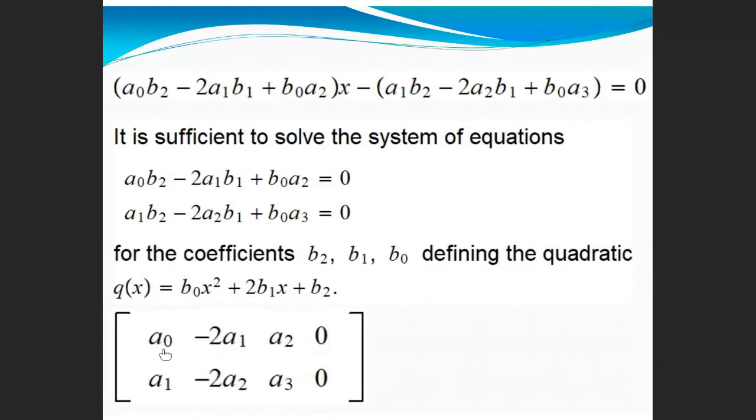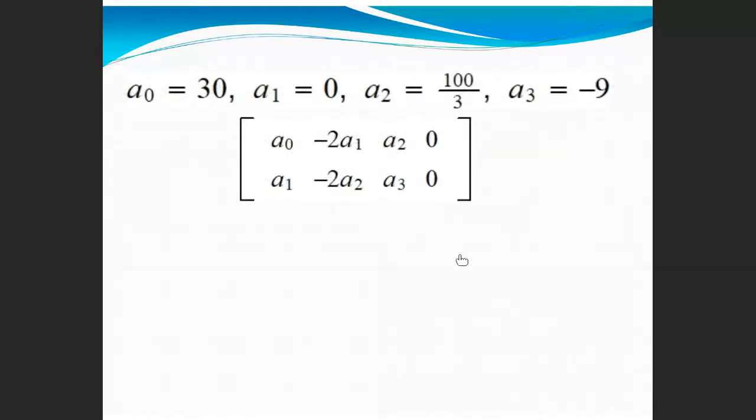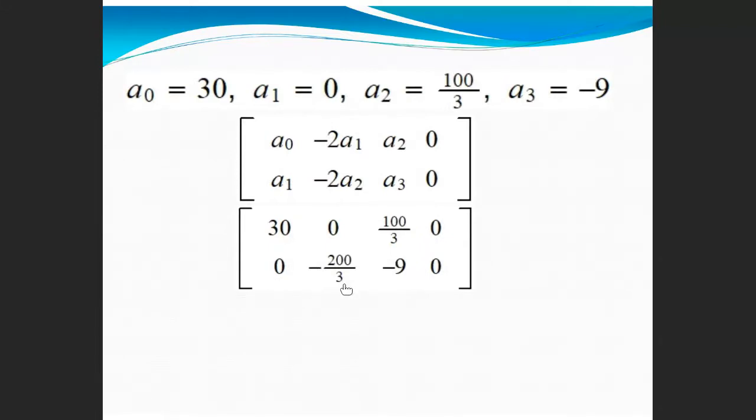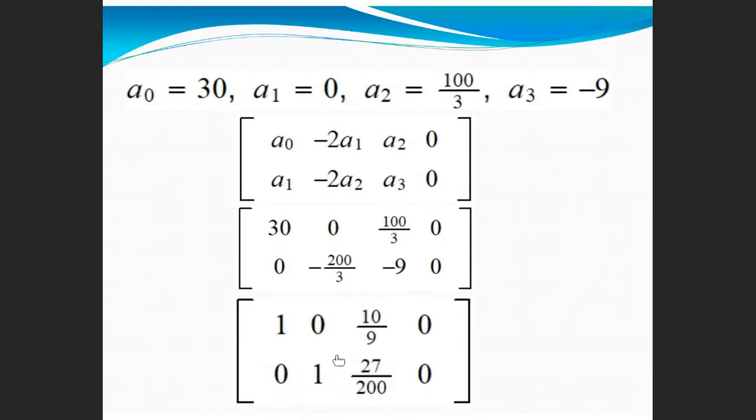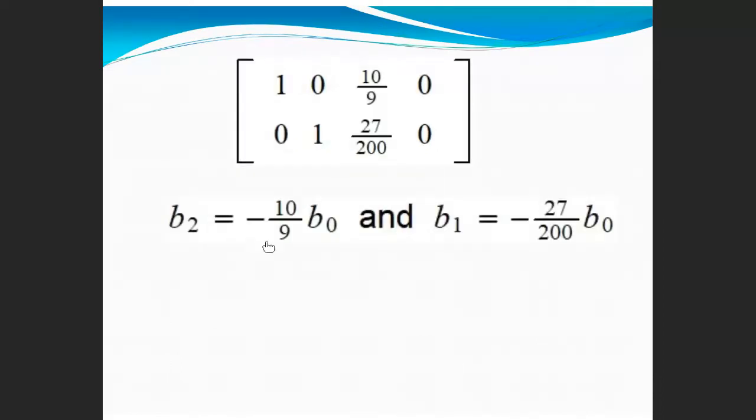And notice the first column aligns with b sub 2, the second column b sub 1, and the third column b sub 0. So if we plug in the values we have for the cubic in our example, that will give us this augmented matrix that we can row reduce, and then we can solve for the b sub 2 and b sub 1 in terms of b sub 0, which serves as a free variable.